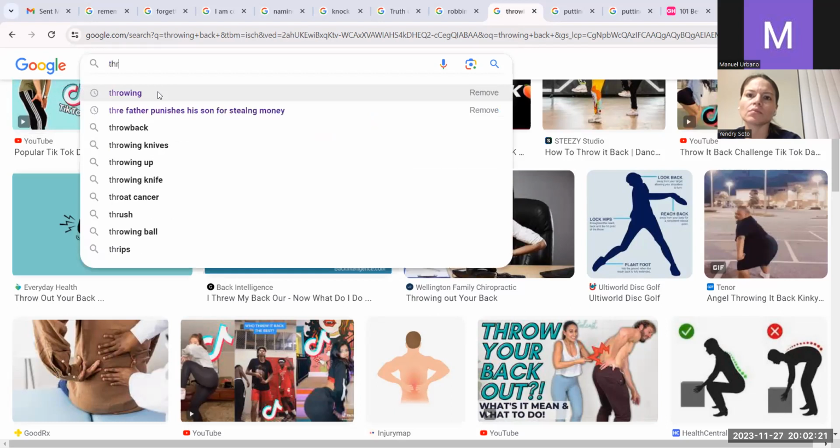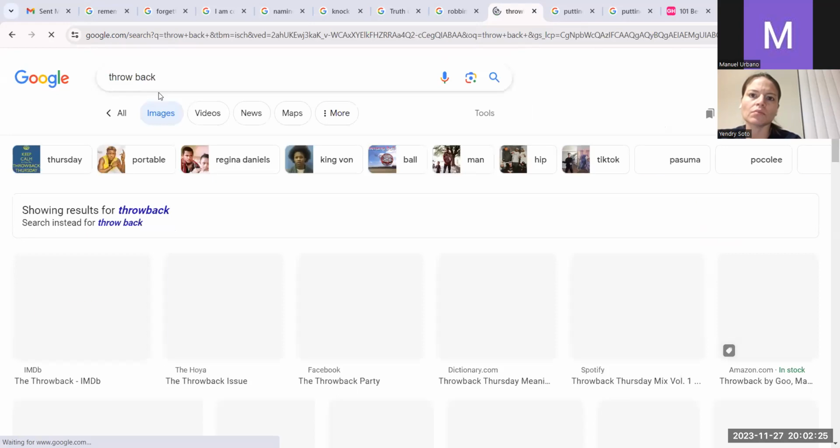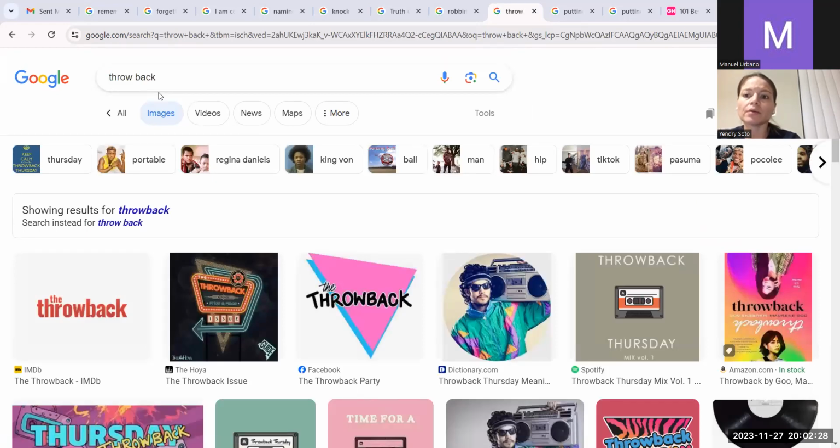So ahora there is an expression that is called throwback. Yeah, you're going to hear this a lot, because for them a throwback, there's no other way to say it but to explain it really separately.